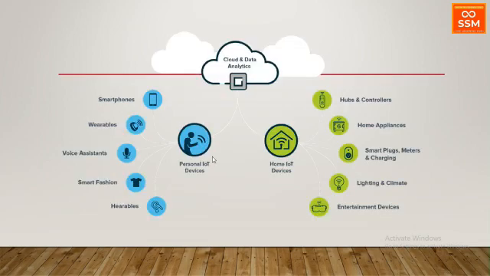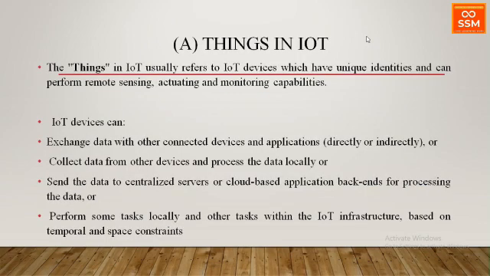Now see here, I could have IoT devices. Here are a few examples like smartphones, wearables, voice assistants, fashion, hearables. You also have certain home IoT devices, with examples like smart plugs, meters, chargers, lighting, entertainment devices. Every piece of data is stored in the cloud, and from the cloud the data can be further processed to a remote device.